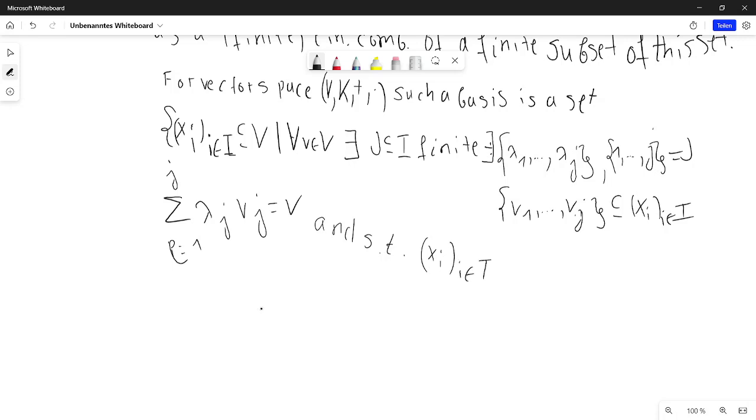are linearly independent, which means here just that any finite number of the vectors taken from here are linearly independent.